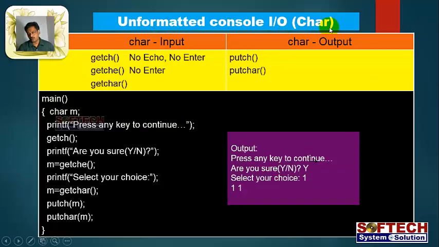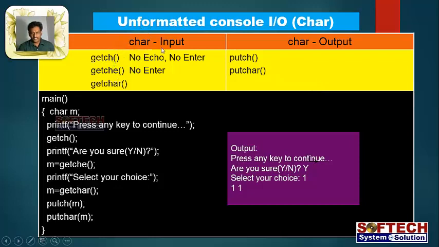Unformatted console IO, character. Through this example program, we understand the input output of characters only, because unformatted console IO is only applicable to access characters and strings. In this example, we learn about character input and character output.